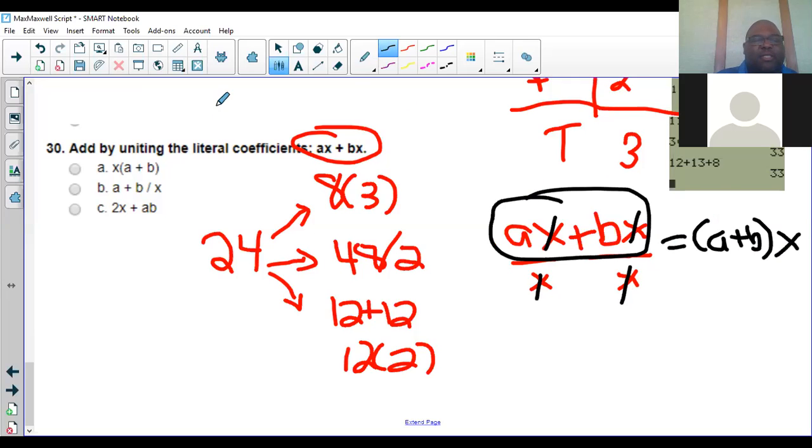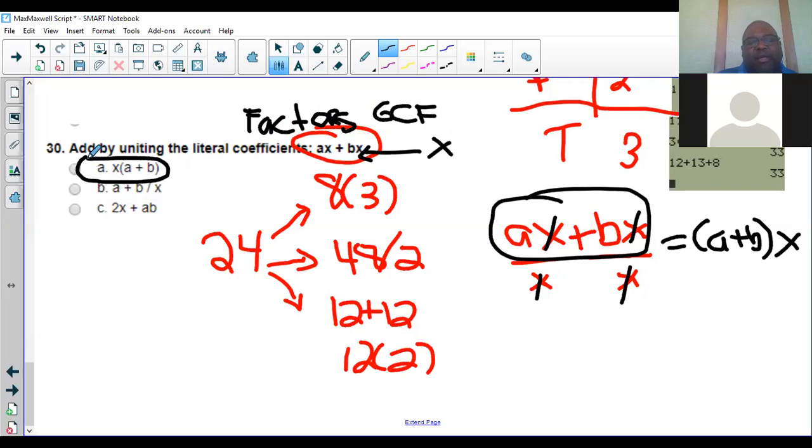So this is all based on the idea of what are the factors in each term. And we actually have this term called GCF, greatest common factor. The greatest common factor in this problem right here is the X. We pull out our GCF, and what's left, we keep in the parentheses.